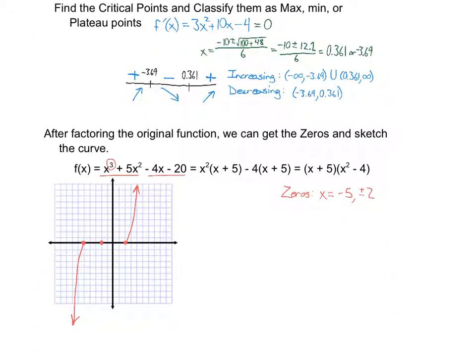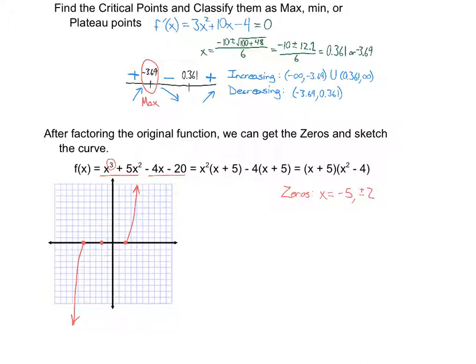So now that we have our critical values, notice I can see on the sign diagram that because I was increasing before negative 3.69 and decreasing after, I know at negative 3.69 I'm going to have a maximum point. Okay? There's going to be a max point there.